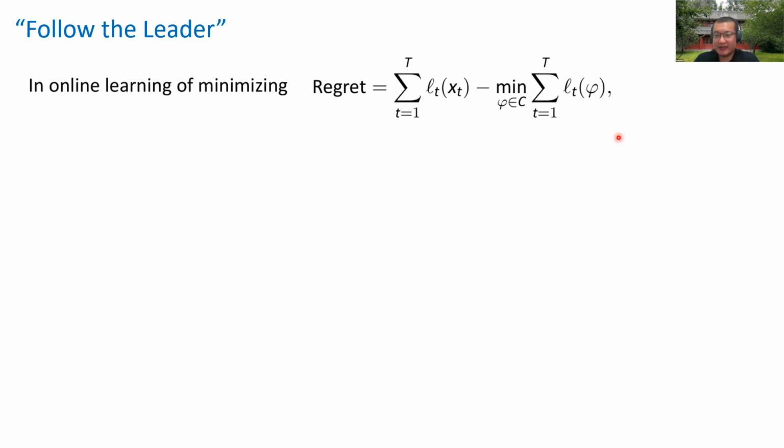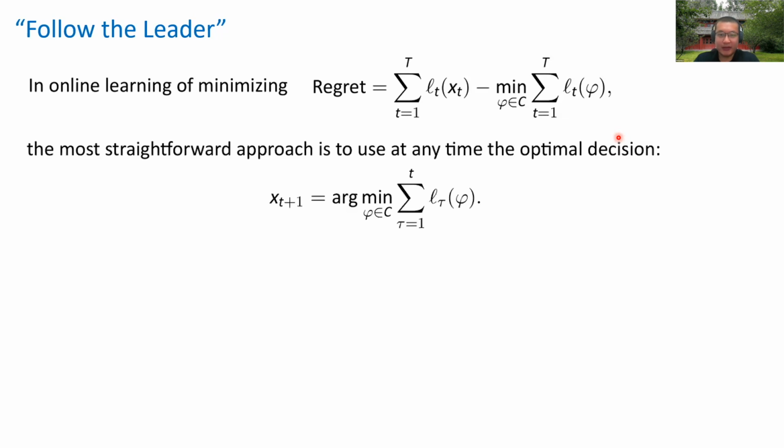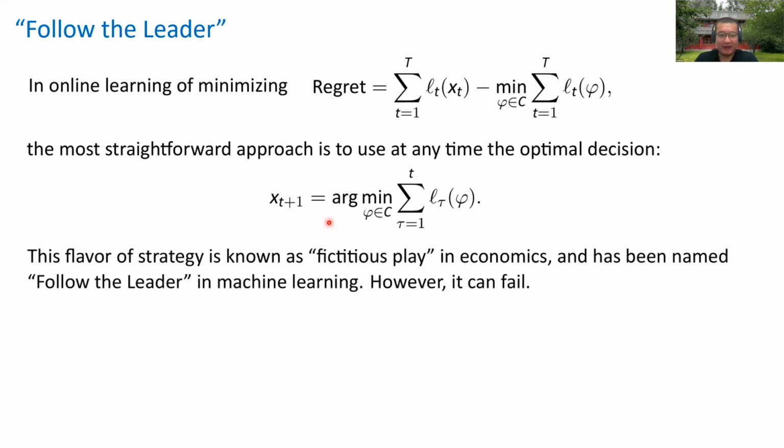Let's consider a standard online learning problem. The most straightforward approach is to always use the optimal decision. You have the knowledge of the previous predictions, outcomes, and loss functions. Each time, a very straightforward thing is to sum all these loss functions together and choose the argmin as your prediction.